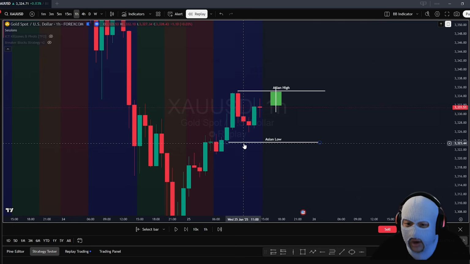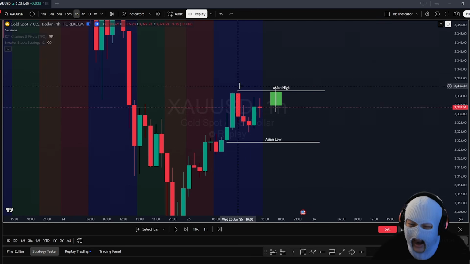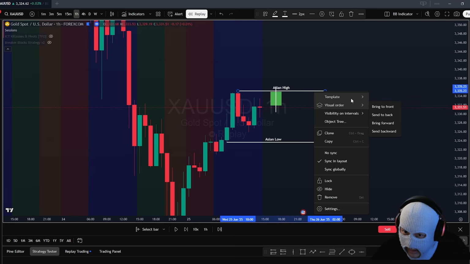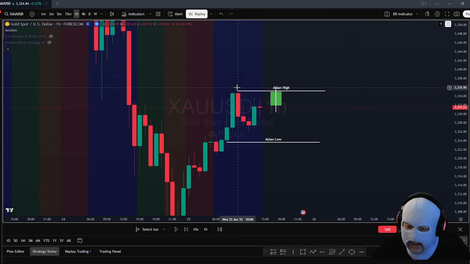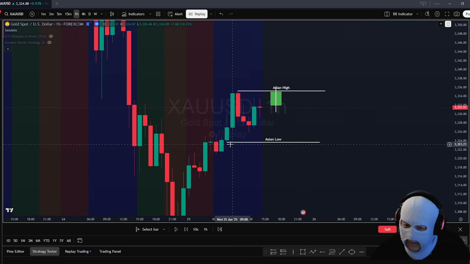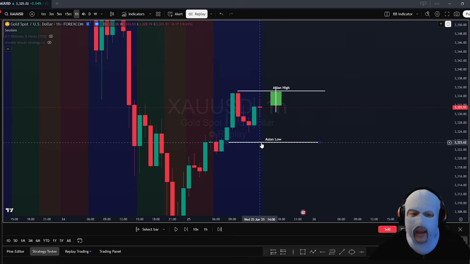So that's where there are going to be orders sitting at this level here, key areas of liquidity. Stop losses will be set above right here and set below right here. So if the market here wants to move, then it needs to break through those orders that are sitting right there, and show that it can stay above it. And that's why we need a body candle close above the Asian high to look for price to continue higher for the rest of the day.